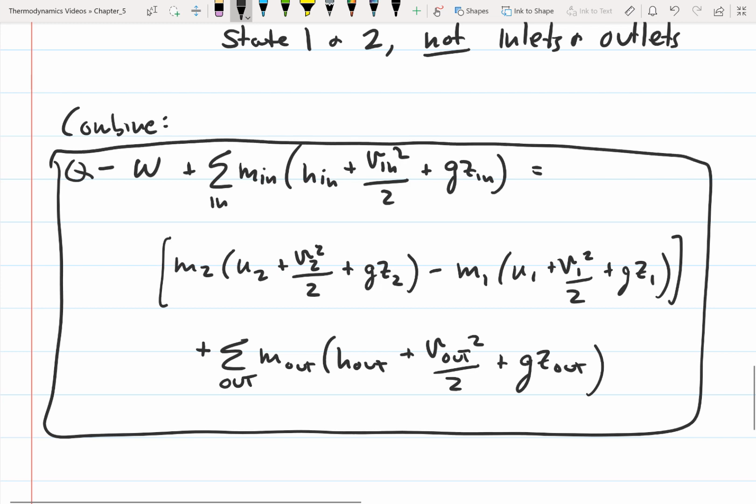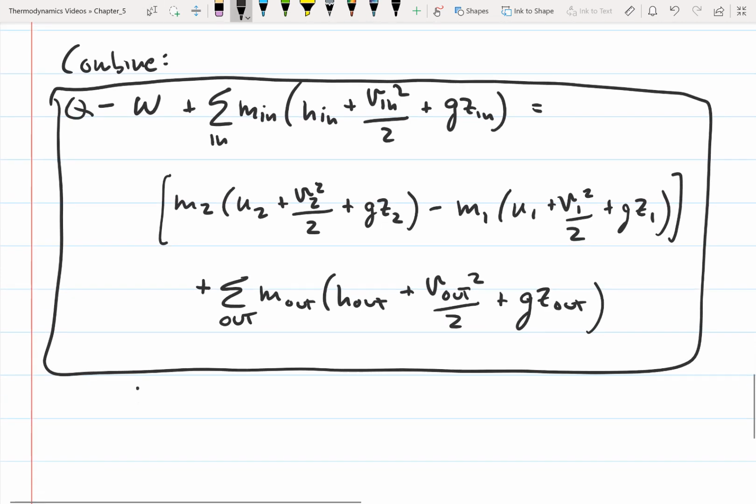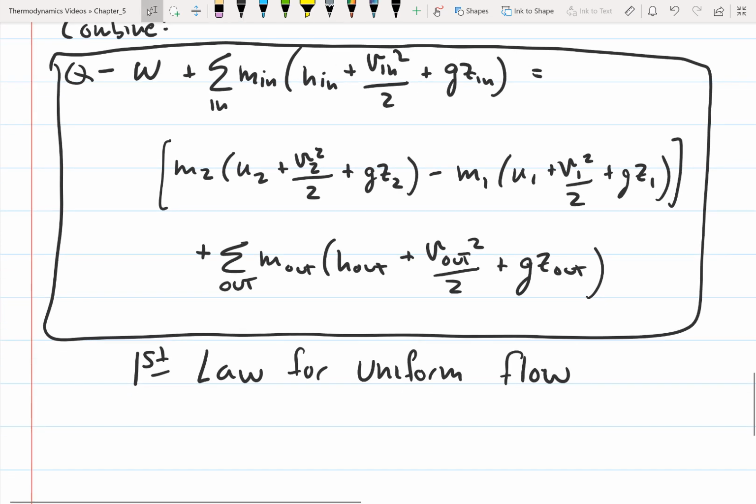And this is basically the first law for uniform flow, the energy balance for uniform flow. I want to point out a few things in here. First of all, we have the Q and W, like the other energy balances we've done. But this has a combination of both the open and closed flow systems.